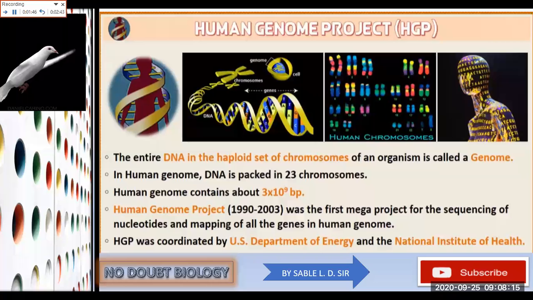The research started in 1990 and ended in 2003, and it was the first mega project for the sequencing of the nucleotides and mapping of all the genes in the human genome. The HGP was coordinated by the United States Department of Energy and the National Institutes of Health.